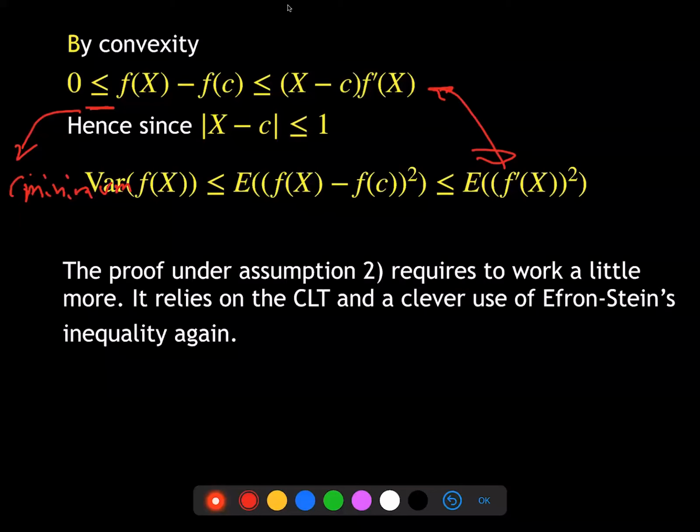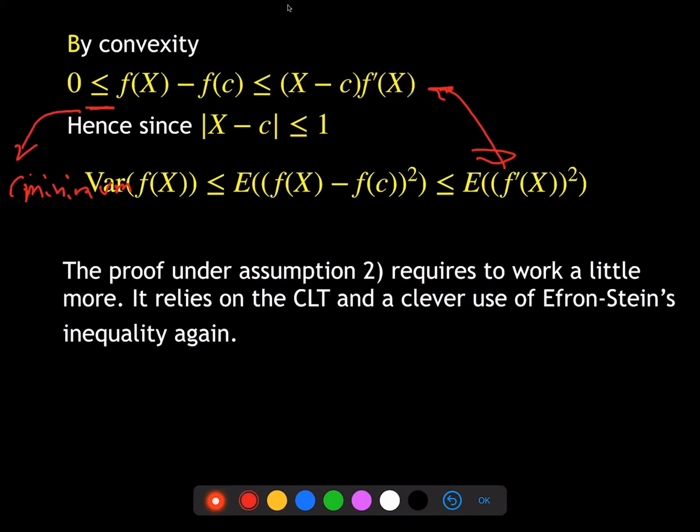So the proof under assumption 2 requires to work a little more. And as you will see, it relies on the combination of an argument, which is just use the central limit theorem, and a clever use of Efron-Stein's inequality. That is, we shall use Efron-Stein's inequality again. Okay?